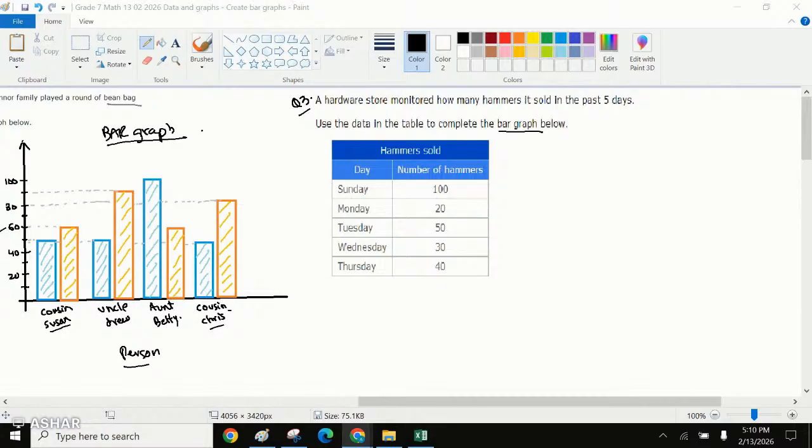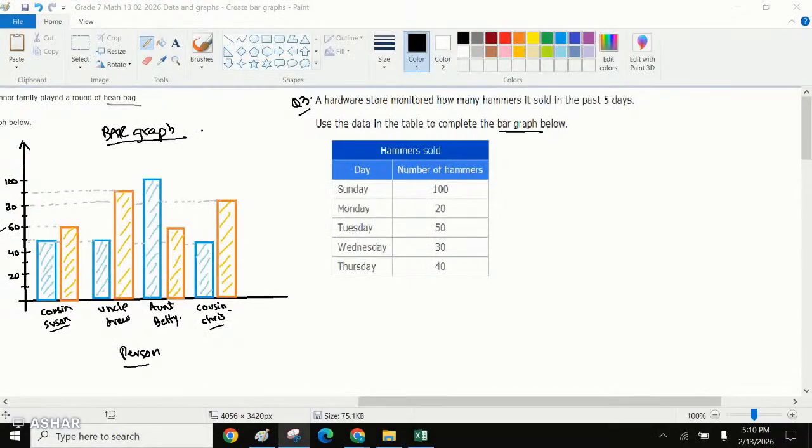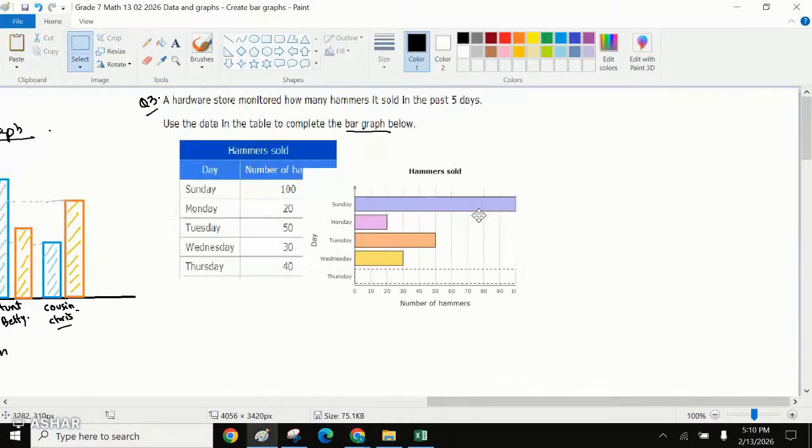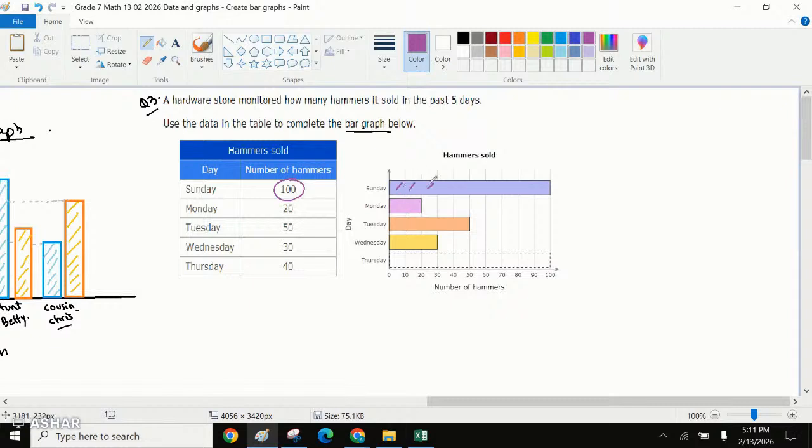Some partial bar graph is given to us. We'll complete this graph, and then we will see how the axis can be changed as well. What they're saying is on a Sunday, 100 hammers were sold, right?